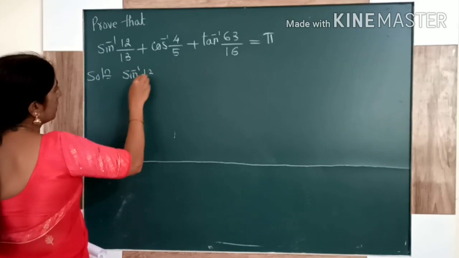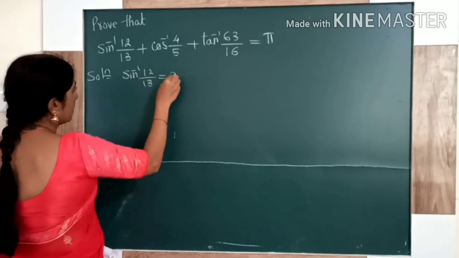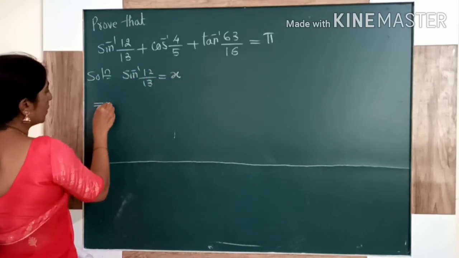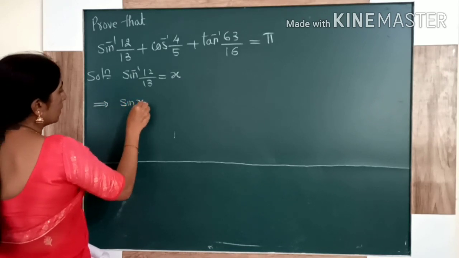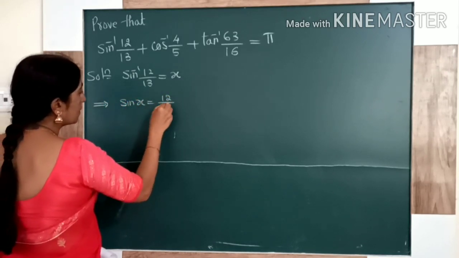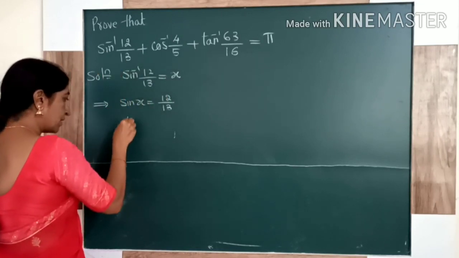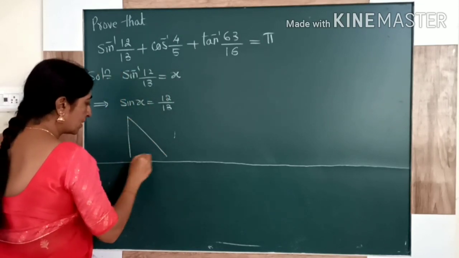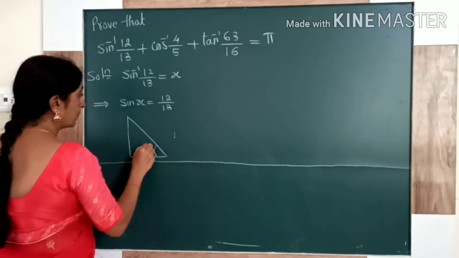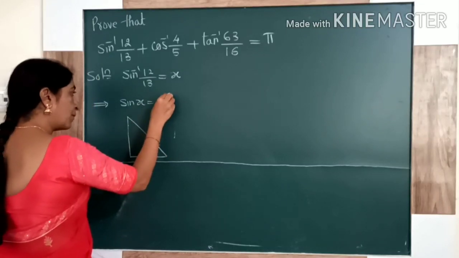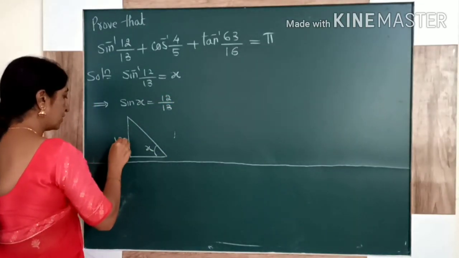Let us take sin inverse 12 by 13 as x. Then what is sin x? Sin x will be 12 by 13 because we are taking only the sin inverse part on that side. Again mark this in the right angle triangle. This is x. Sin is opposite upon hypotenuse.